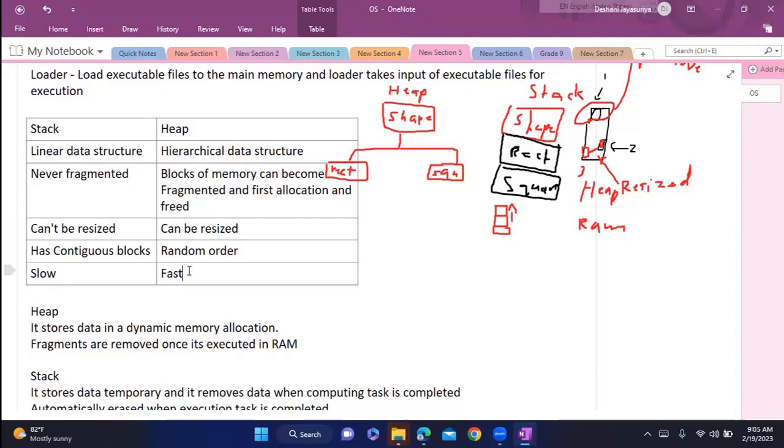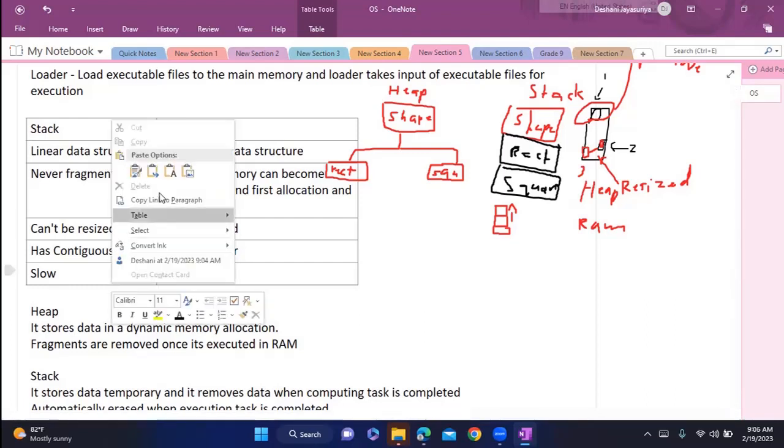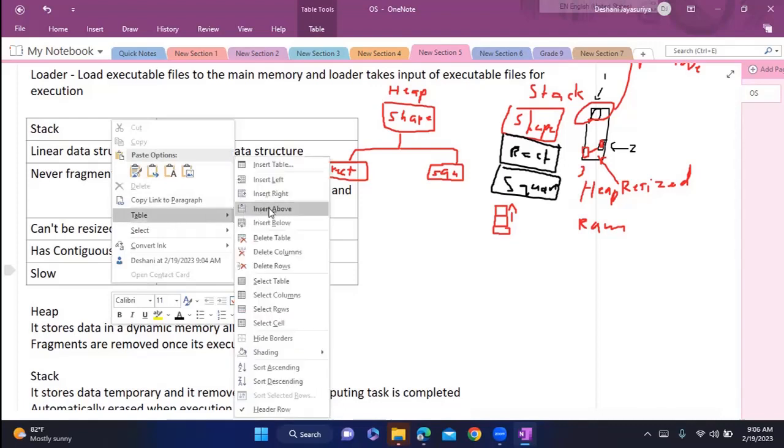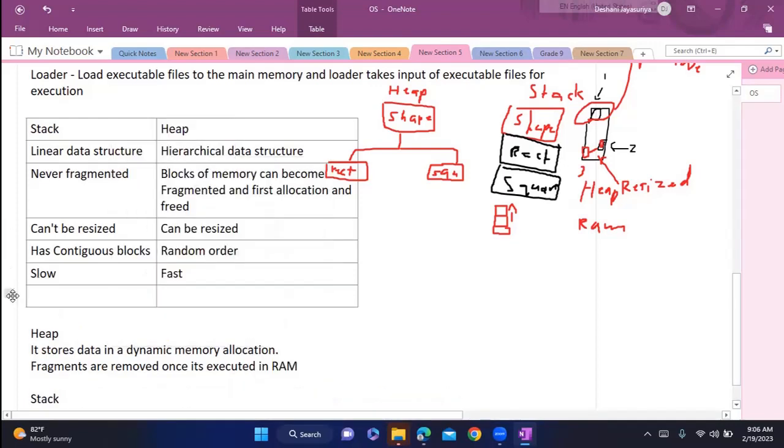Another thing is that stack is less in cost, and heap is more costly. So when you are going to replace something in a RAM, if it's not working or something like that, this is less cost, because it doesn't have much speed and all. Cost wise, this is less cost. These are some of the things that we consider when we are maintaining a RAM.